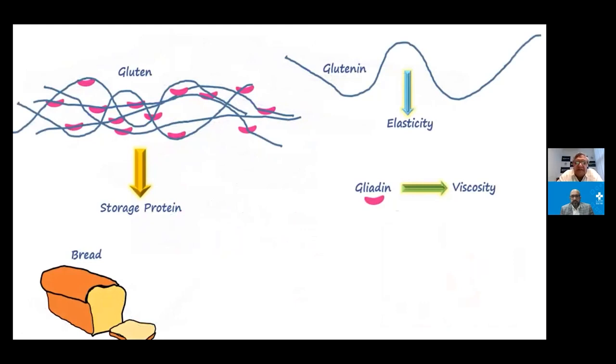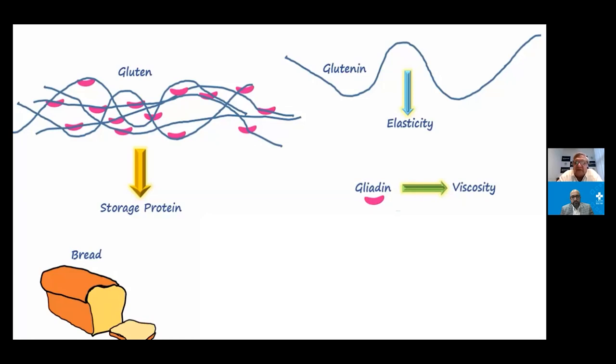Gluten is a major storage protein found in wheat, barley, and rye, and imparts properties to flour which make it ideal for bread making. Gluten is made out of glutenin, represented here by long filaments, and gliadin, represented by curved-shaped violet structure.